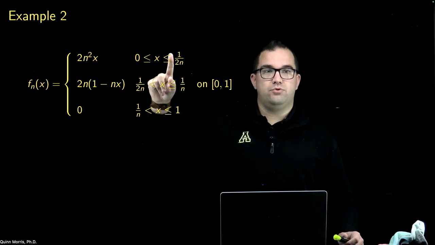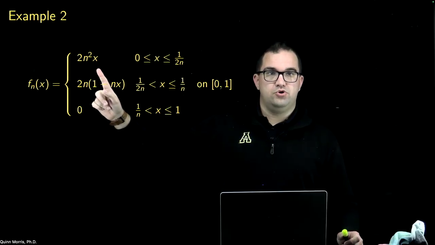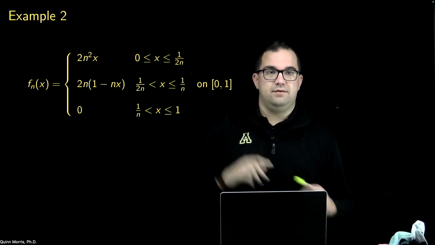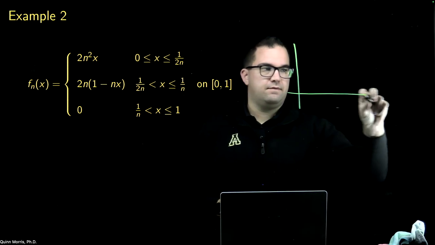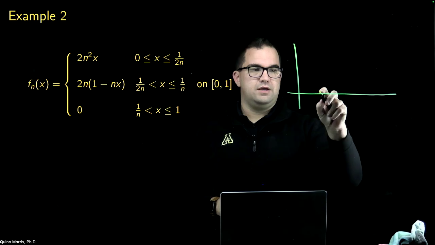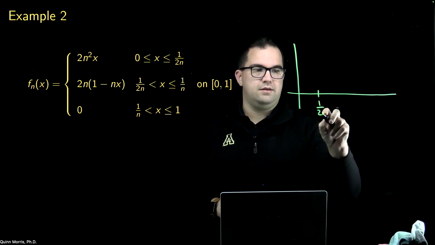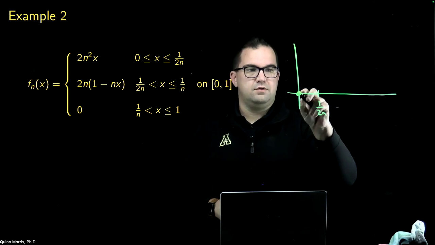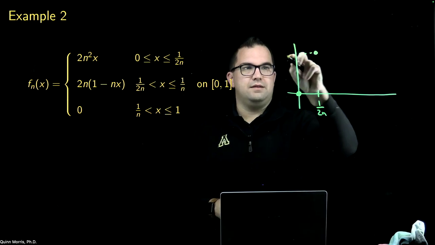And when x is equal to 1 over 2n, so I plug in 1 over 2n here, I just get n. So thinking about graphing this, I know that on the interval from 0 to 1 over 2n, I have a line. It starts at 0 and it goes up to a height of n.